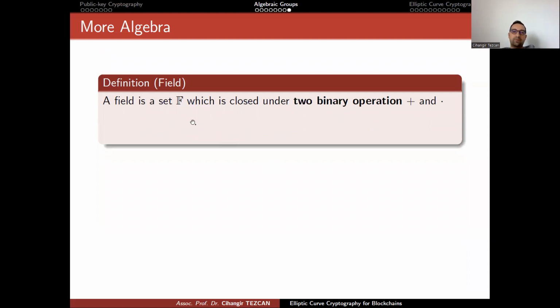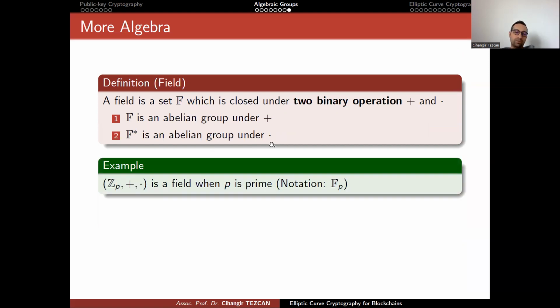A field is a set F which is closed under two binary operations, addition and multiplication. So we ask F to be an abelian group under addition and F star to be an abelian group under multiplication. Here's another example. Z_p with respect to addition and multiplication is a field when p is prime, and we represent it with F_p.